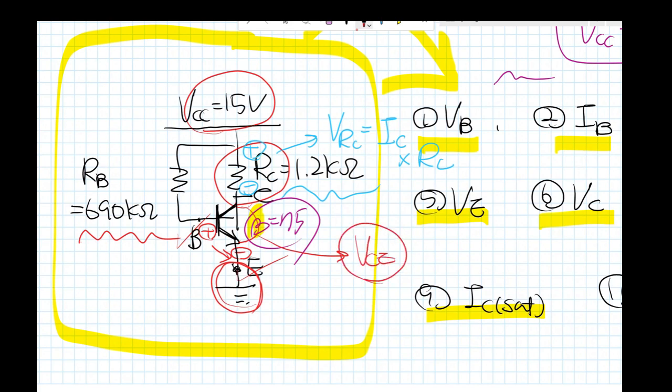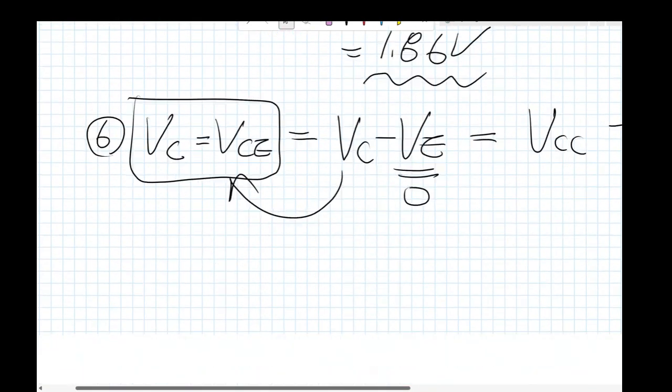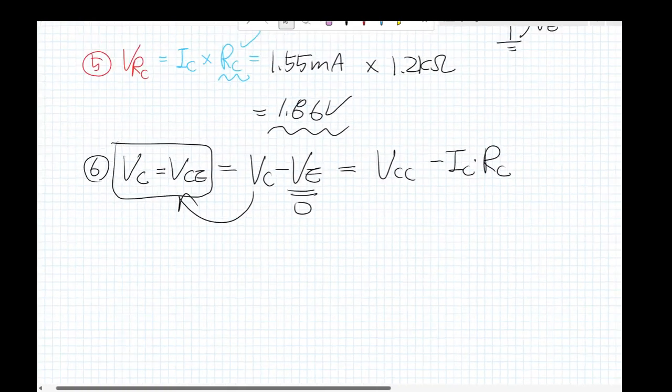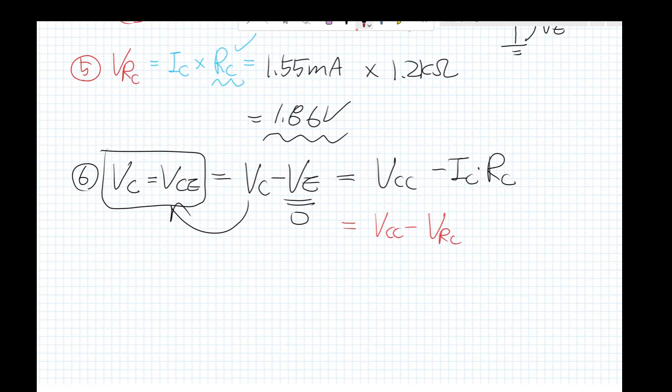That's right there. Okay, so go back to right there. Here we go. So V sub CC minus I sub C times R sub C. I'm going to skip the calculations. Finally, 13.14 volts.